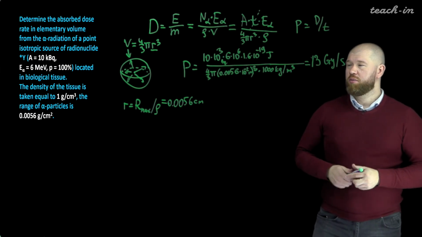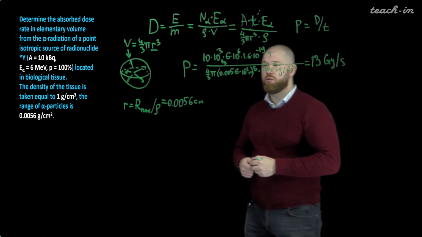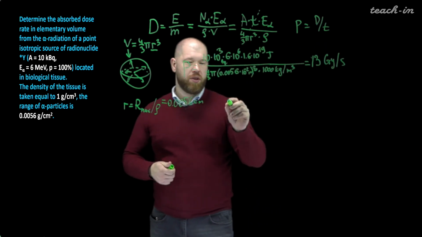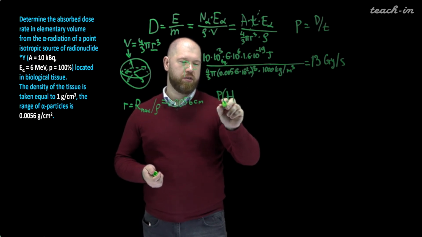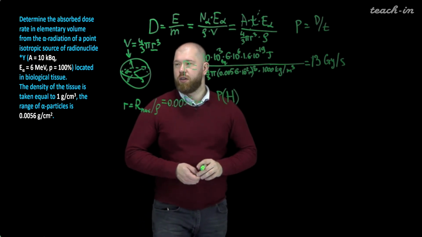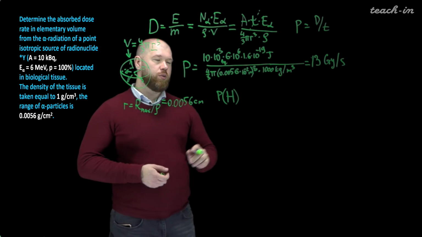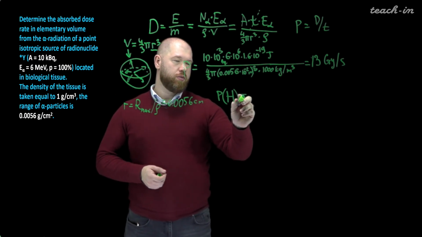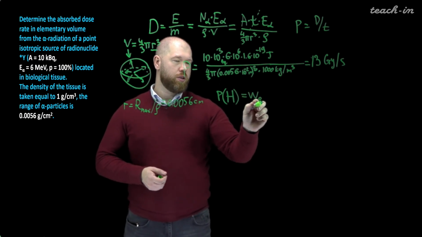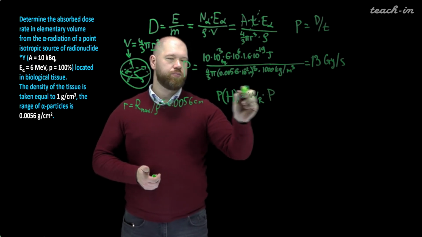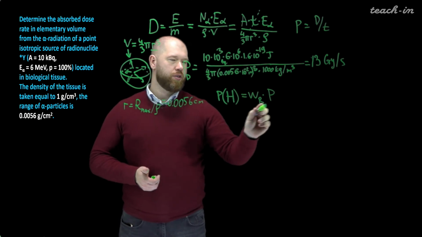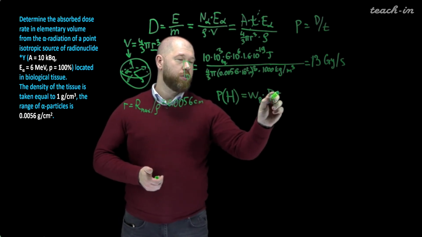If we try to recalculate it to equivalent dose, or let's say the rate of equivalent dose, it will be the weighting factor for our radiation type multiplied by the dose rate for the absorbed dose.